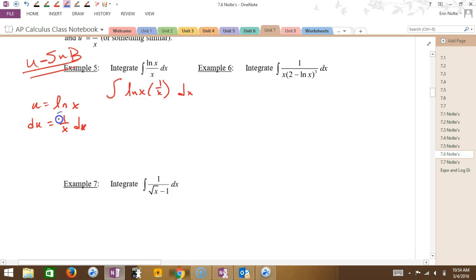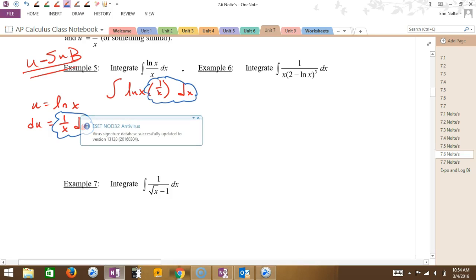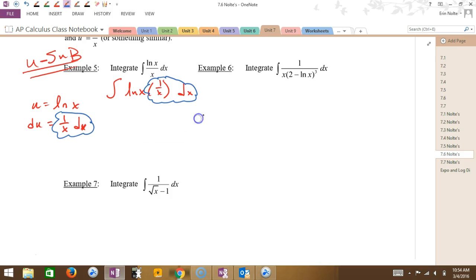Okay, so du is equivalent to 1 over x dx. So do you see how these two are the same? And I can replace the 1 over x dx with a du. You see that? Okay, and then I can also replace my natural log of x with a u. Okay, so this becomes the integral of u du.